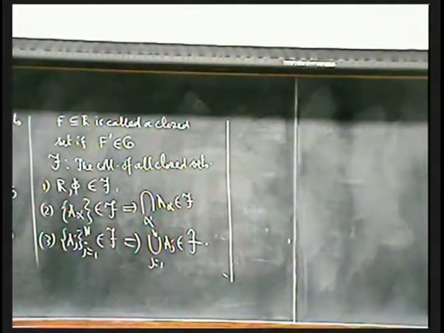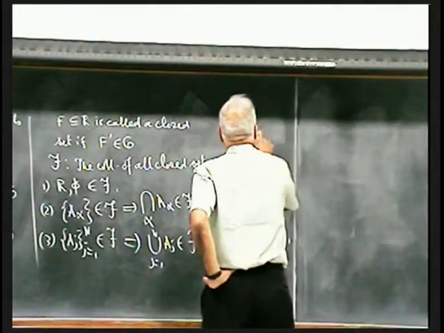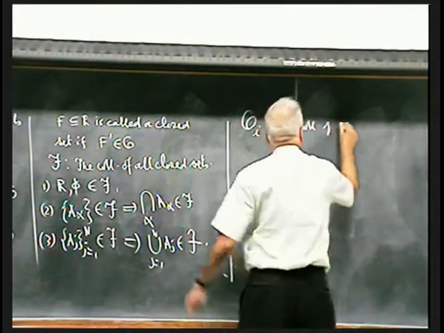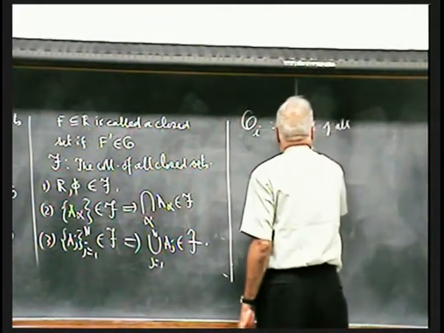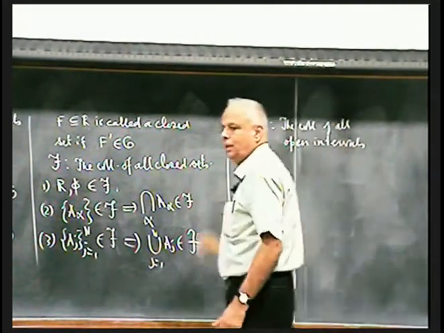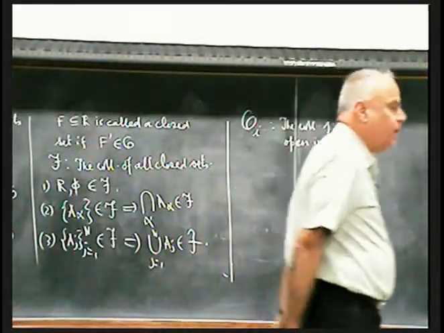Let us call OI the collection of all, among the open sets, I am looking at only open intervals. This is not standard notation. This is something I just thought about now. The collection of all open intervals. I am not going to look at all open sets, but in that collection of open sets, I am taking special ones which are just open intervals. Now, what can I build out of them?